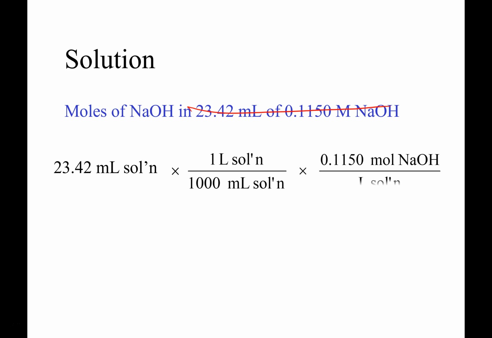Yep. Perfect. So Daniel, how many sig figs do we have? 4. Well, I'm liking 4. I'm excited. 4 sig figs. Yep. So at that point in the problem, you're looking at 0.002693 moles of NaOH.